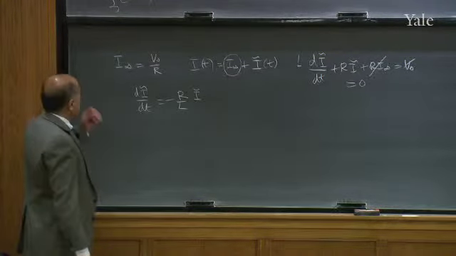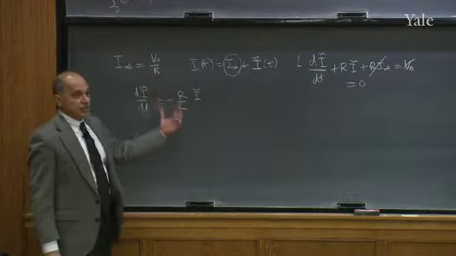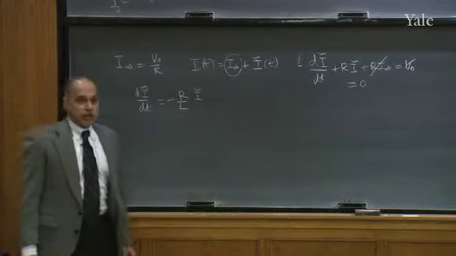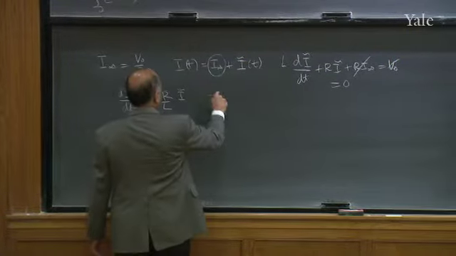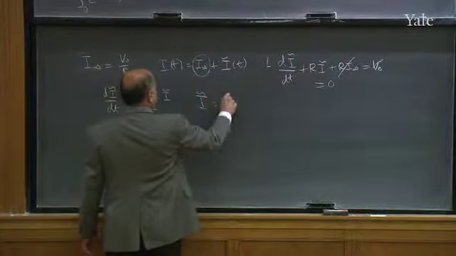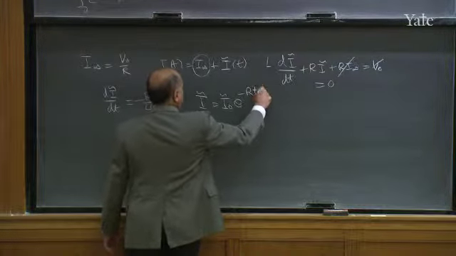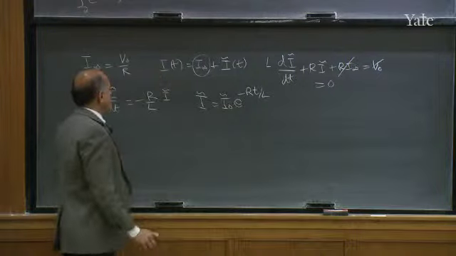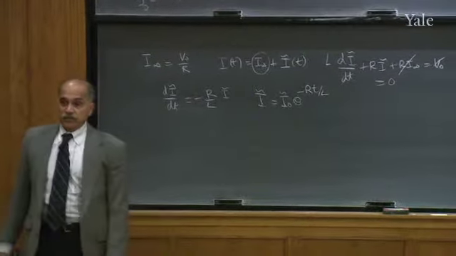So we are saying, get me a function whose time derivative looks like the function itself up to a constant. And that's something we know from high school. It's an exponential function. So I twiddle looks like some constant, I twiddle 0, times e to the minus Rt over L. You can take the derivative of this, and out will come minus R over L times the function itself.